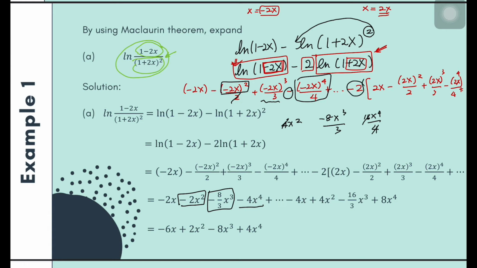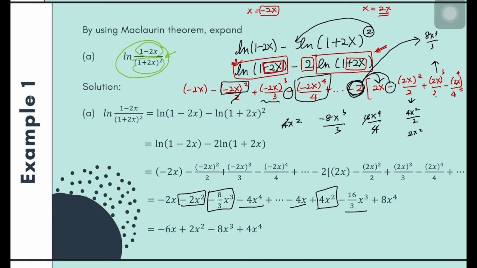Then we expand the second one. Negative 2 multiplied by 2x, you will get negative 4x. Here you will have 4x squared divided by 2, so you will have 2x squared. Here you have minus, don't forget. Negative 2 multiplied by negative 2x squared will give you positive 4x squared. Then for here, you will have 8x cubed over 3. Negative 2 multiplied by this one will give you negative 16x cubed over 3.